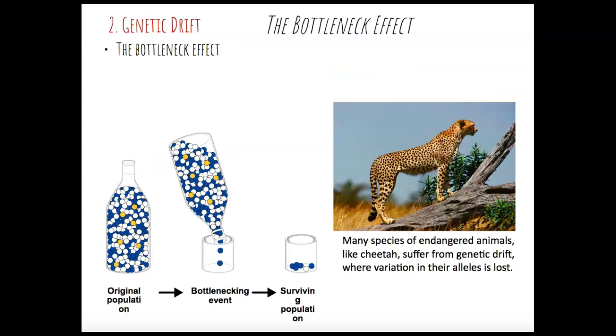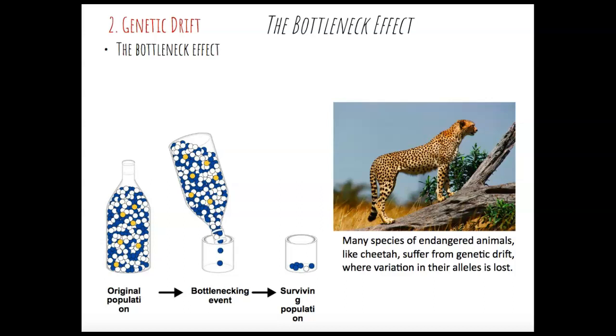So in genetic drift, in the bottleneck effect, we have an original population, which is usually a larger population. We have a bottleneck event, which means that a very large number of individuals in that population are not going to survive for some reason. It could be a flood or a tornado, something that randomly wipes out a large chunk of the population.